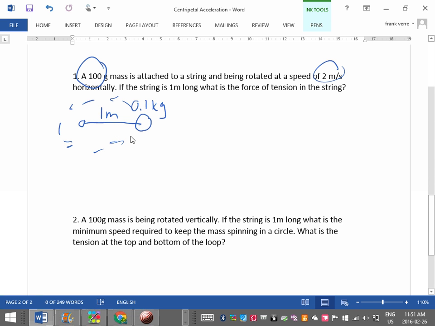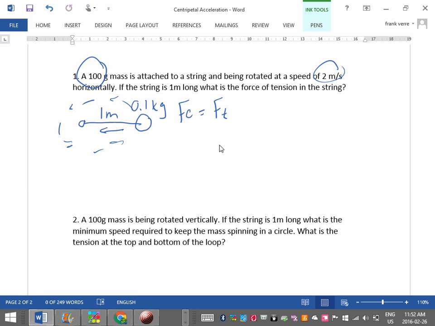So the centripetal force is the force that seeks the center. Now you have to figure out what it is. Is it tension? Is it gravity? Is it the normal force? Is it friction? In this case, it's tension, because it's a string, right?